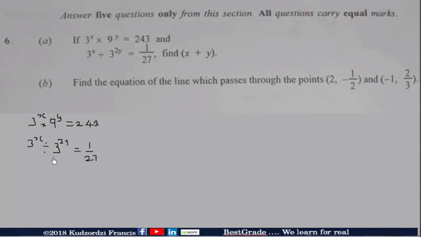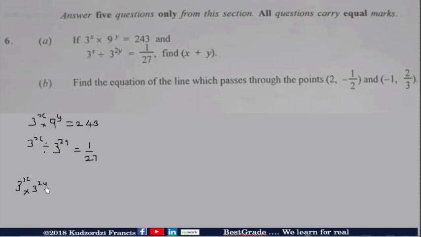So we express all to a common base, which is the highest common factor of all these numbers, and that is 3. So that gives us 3 exponent x, which is already base 3, then times 9, which is 3 exponent 2y.